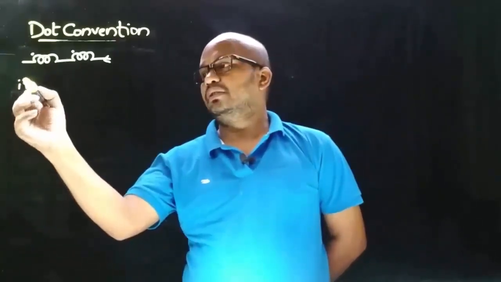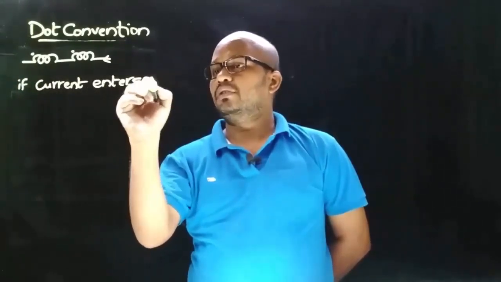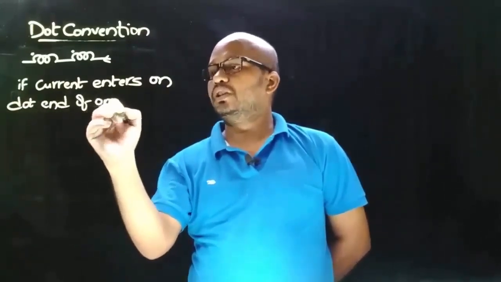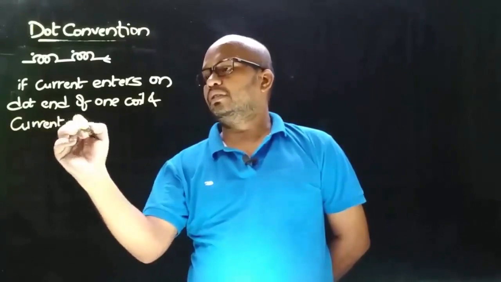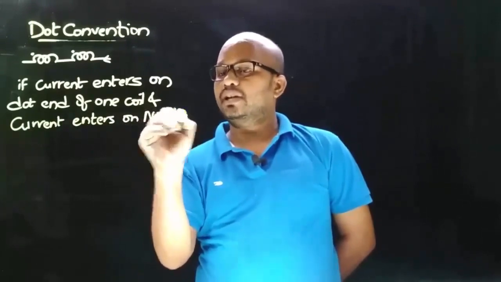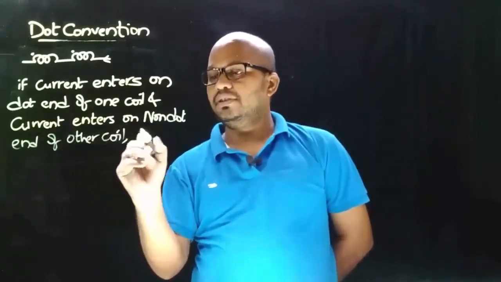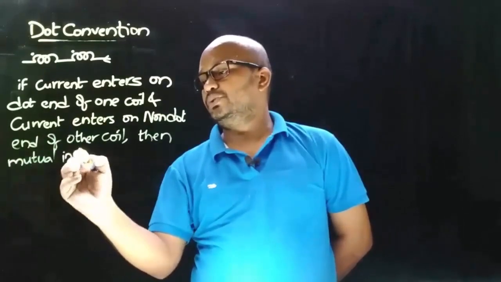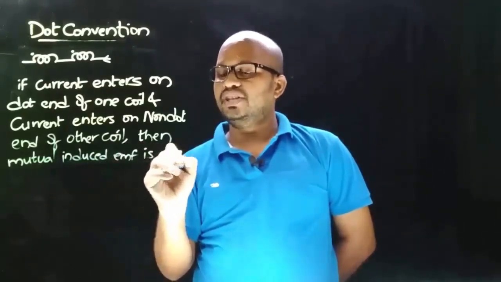And similarly, if current enters on the dot end of one coil and current enters on the non-dot end of the other coil, then the mutual induced EMF is of negative polarity.